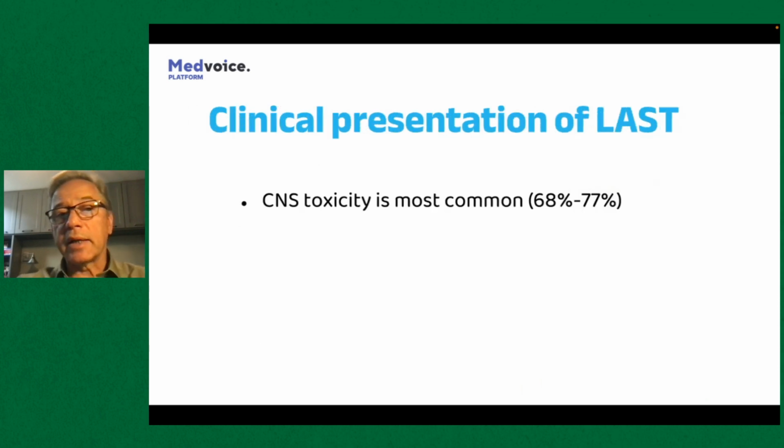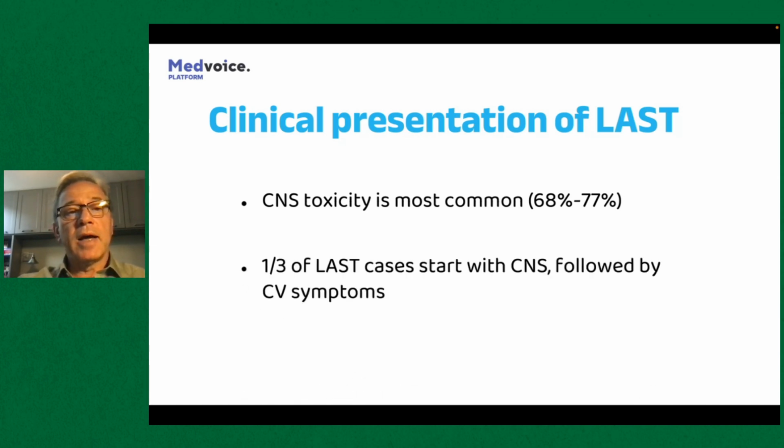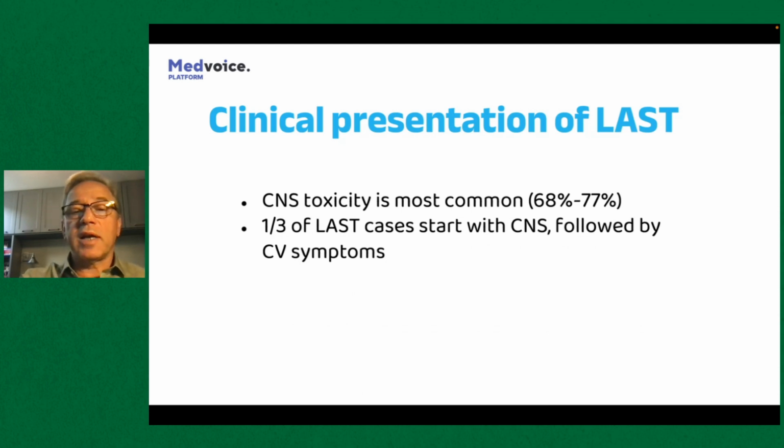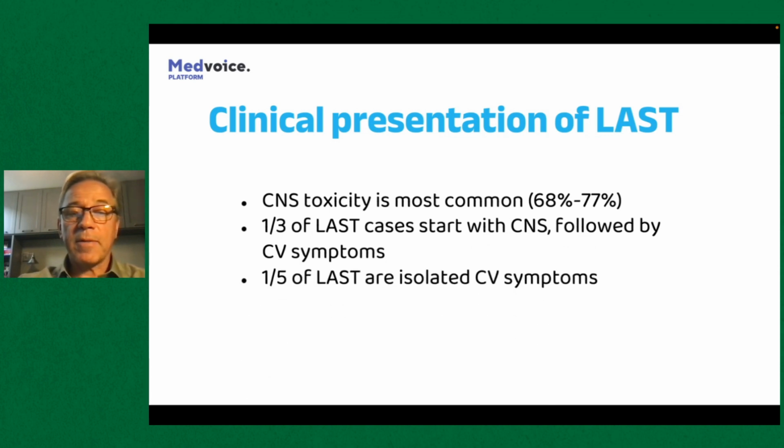Okay, let's talk about the clinical presentation of local anesthetic systemic toxicity. CNS toxicity is most common, in 68 to 77% of cases. One third of cases start with CNS toxicity, followed by cardiovascular symptoms.